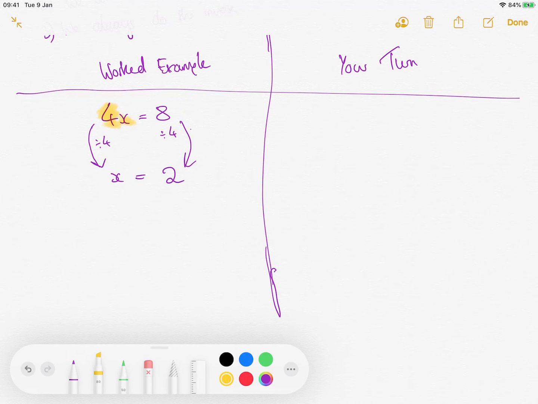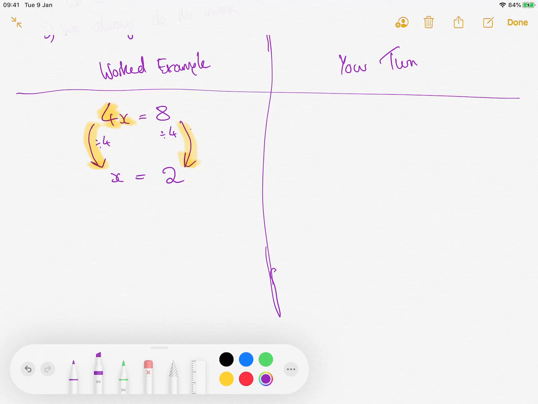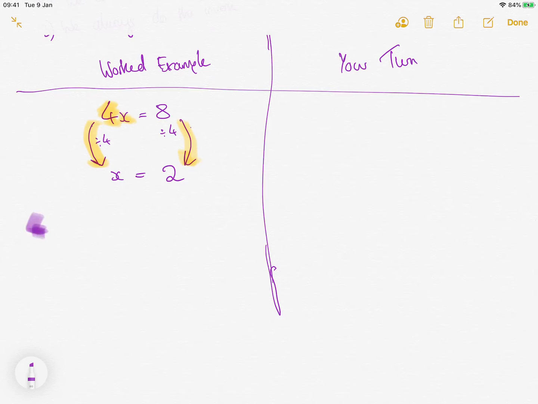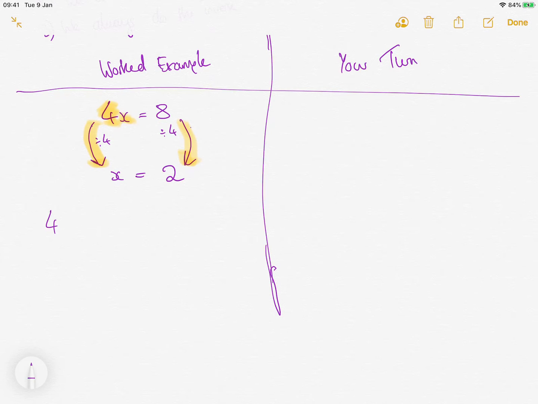So to undo that, I need to divide both sides by 4, because if I do 4 times x divided by 4, well, what's 4 divided by 4? That's 1, so I'm left with one lot of x, which is what I've got here. It's what I'm aiming for.